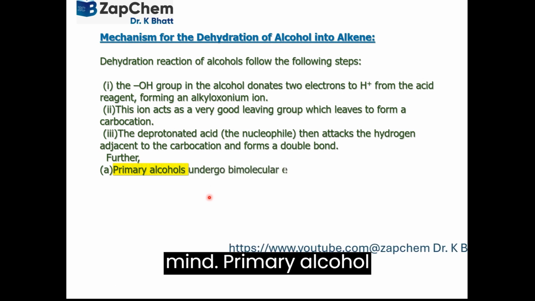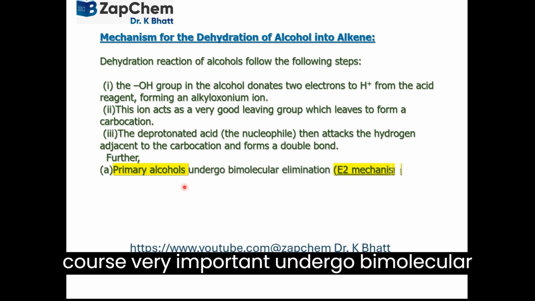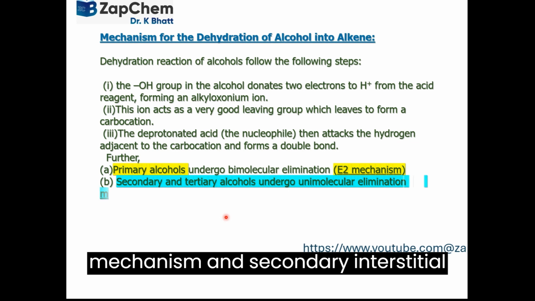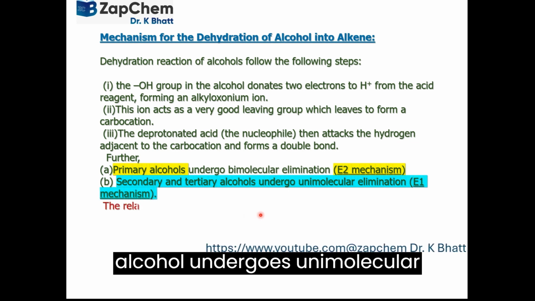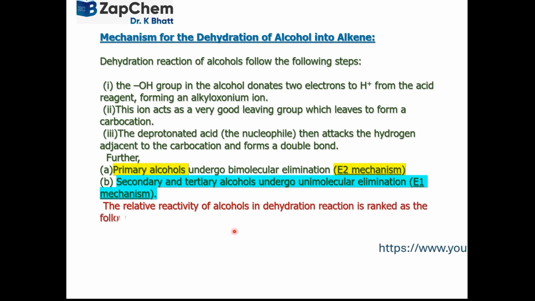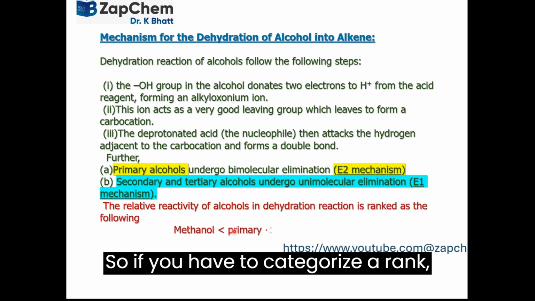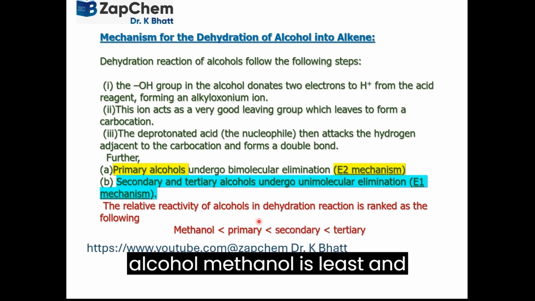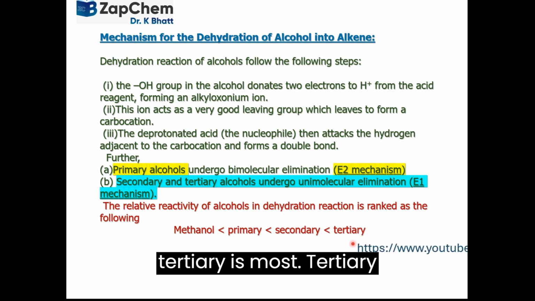Primary alcohol, very important, undergoes bimolecular elimination reaction, E2 mechanism, and secondary and tertiary alcohol undergo unimolecular elimination reaction, E1 elimination. So, if you have to rank the relative reactivity of alcohol, methanol is least and tertiary is most.